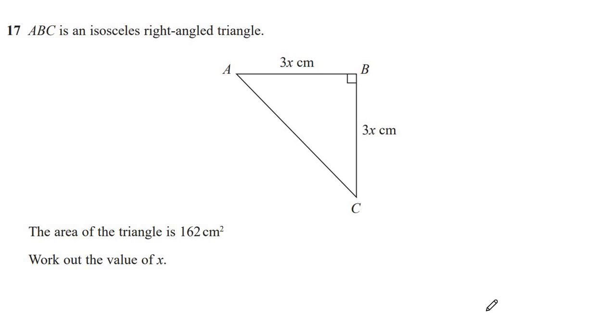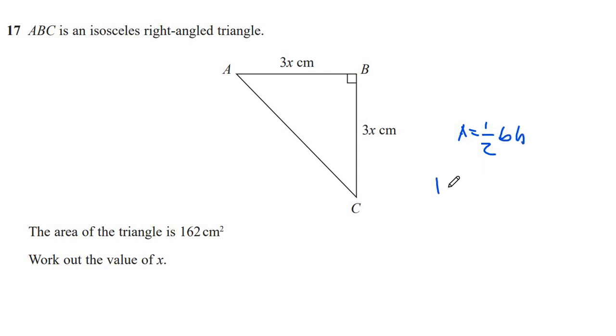Okay, next we have this question here. We have an isosceles right triangle and the area is given. So area of a triangle is half base times height. Area is half base times height.